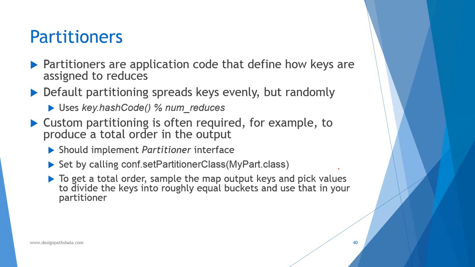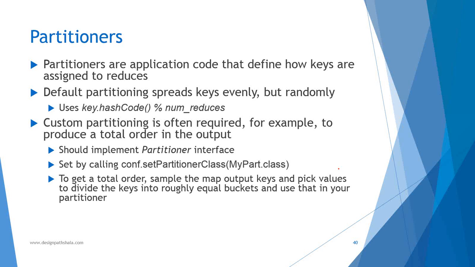The reducer which is consuming the data corresponding to bucket number X gets all the keys whose hash value lies in that bucket. There could be cases where I want to change this hash logic based on my requirement, and with the help of the partitioner, I can achieve that.